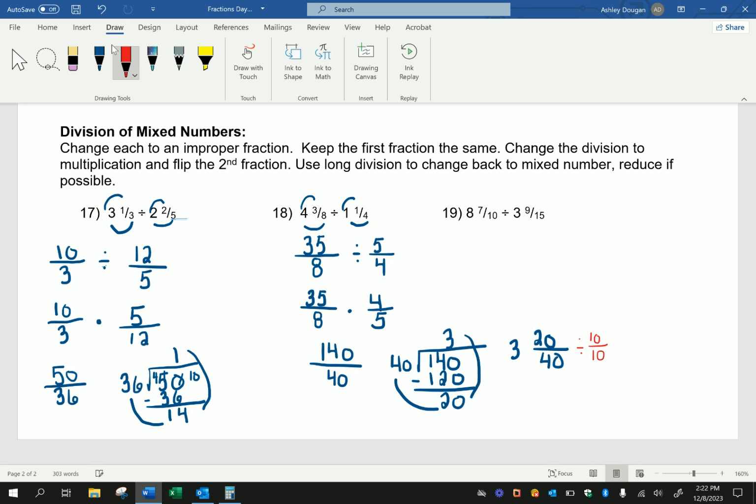I'm going to divide both of these by 10. This would give me 3. 20 divided by 10 is 2. 40 divided by 10 is 4. That gives me 3 2/4. Well, 2/4 can still simplify by 2, so I have to go one more step and say 3 1/2 as my final answer.